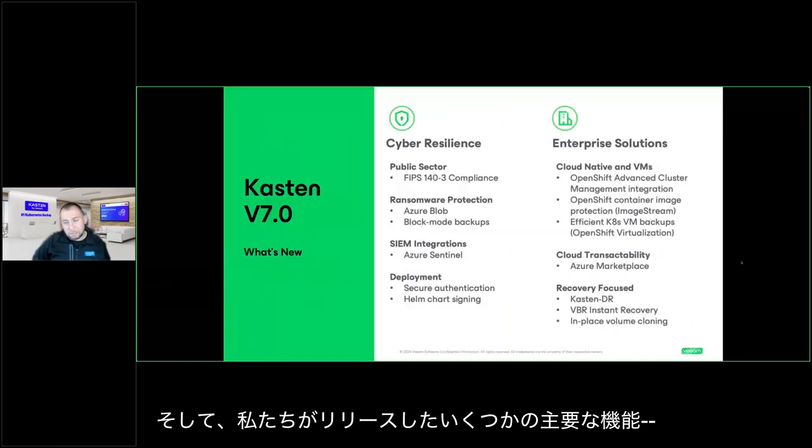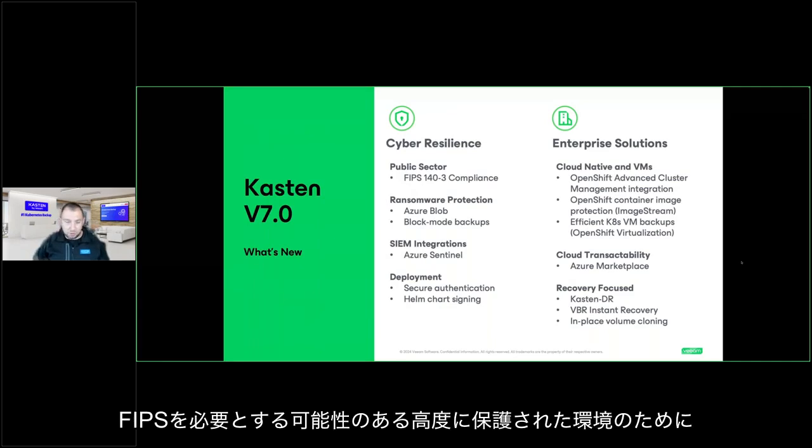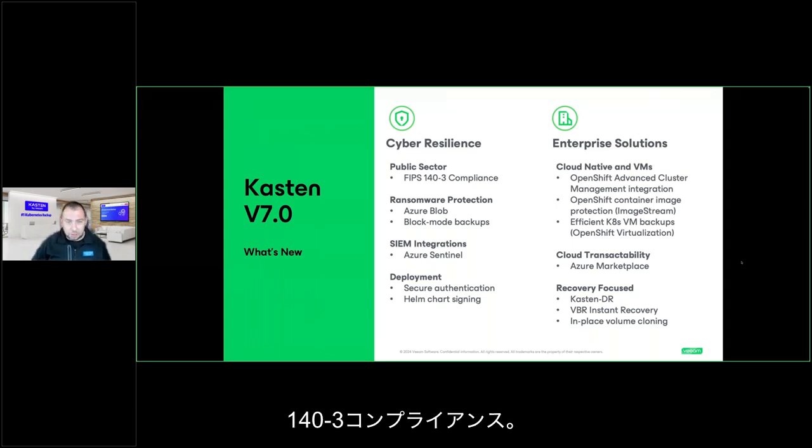And a couple of major features that we have released. Several things. On one side, we've made everything to make Kasten compliant and available for highly secured environments that could require the FIPS 140-3 compliance.